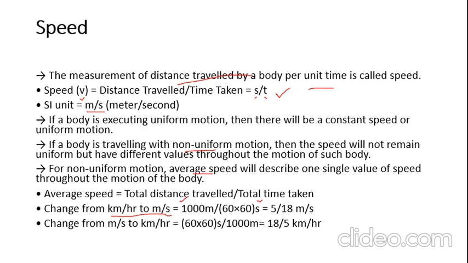Then 1000 meters divided by 3600 seconds is equal to 5 divided by 18 meter per second. And similarly, if you want to convert meter per second scale to kilometer per hour scale, it is the inverse process. So 3600 seconds divided by 1000 meters will give you 18 by 5 kilometer per hour.